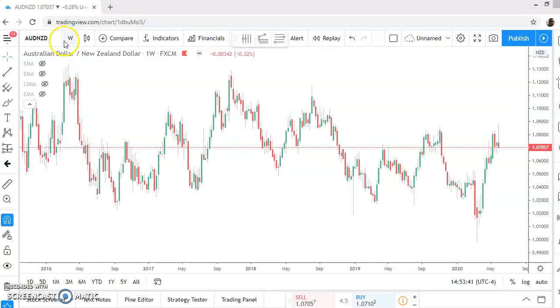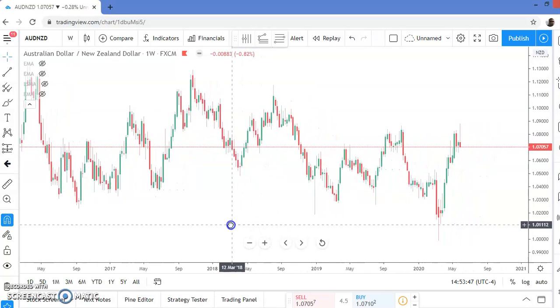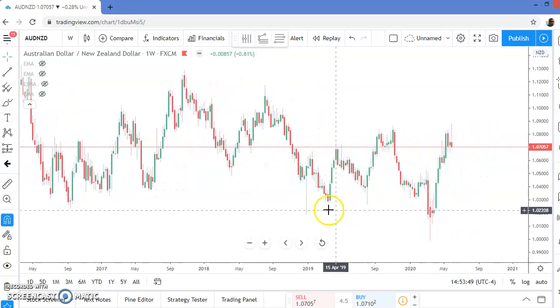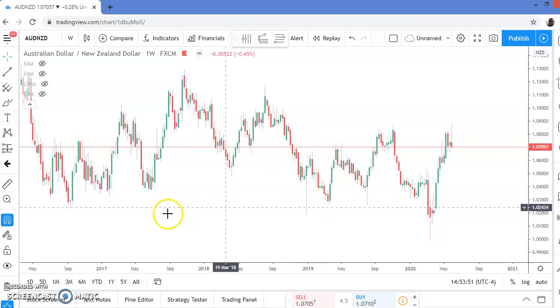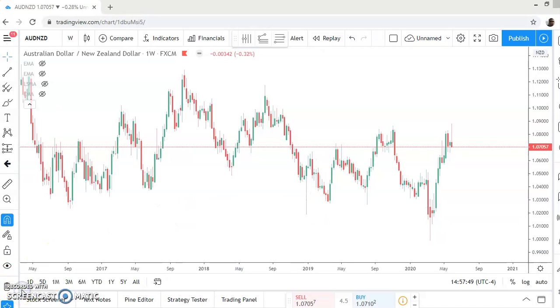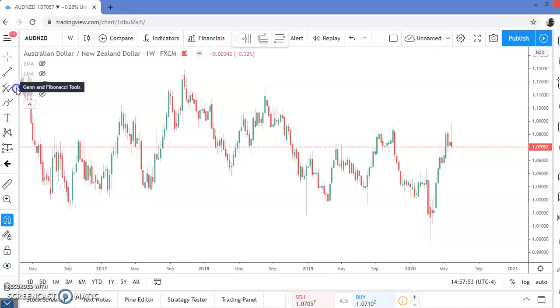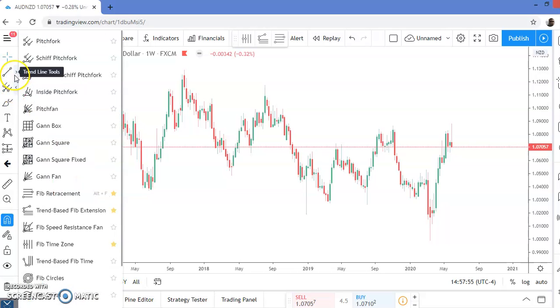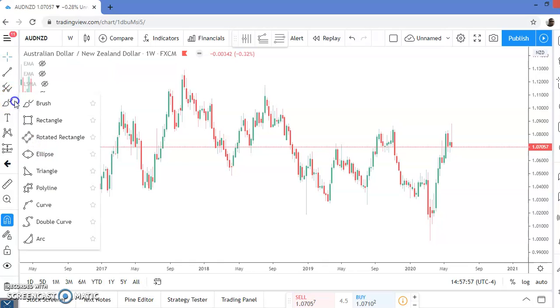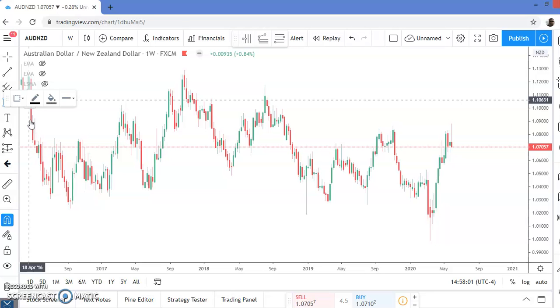So just a reminder, we're going to start on the weekly time frame first, and we are looking for our support area. When we are looking for sufficient support, I like to look for areas where price has touched at least 3 or more times.